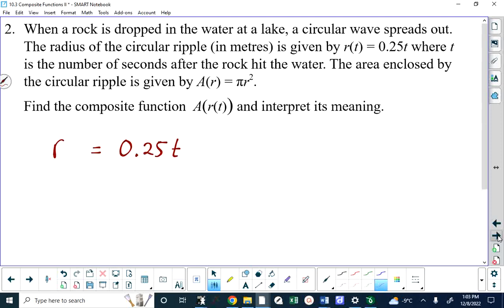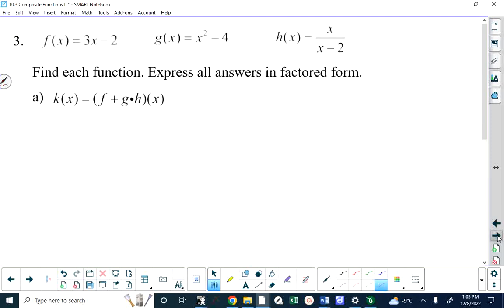On the other hand, you're told that the area of the circular ripple is pi times the radius squared. Now, what makes this a little bit different than everything we've been dealing with composite functions is that in all of the composite functions we deal with, the variable that's independent is x. Like if I make a composition of these two functions, x is the independent variable of each of the two functions. And it means the same thing on the graph.